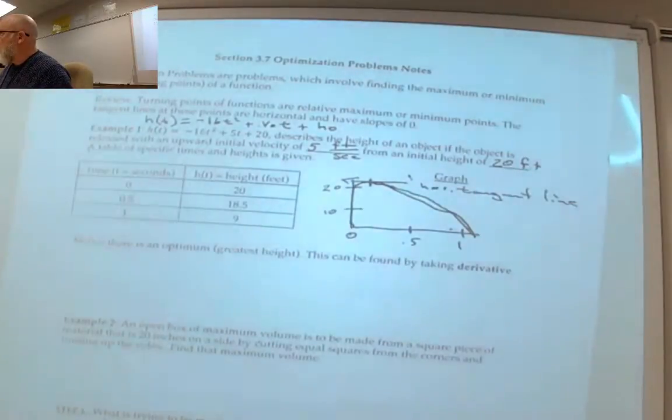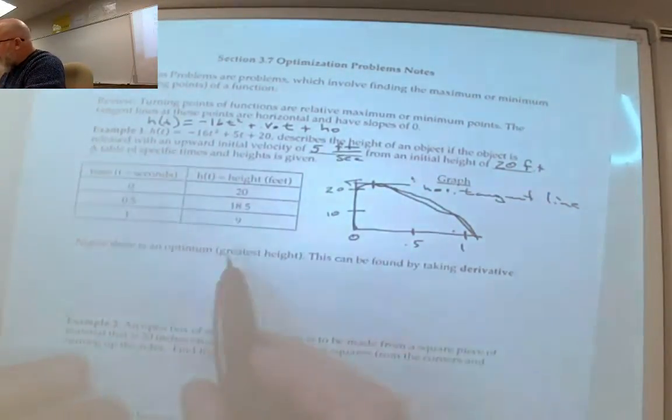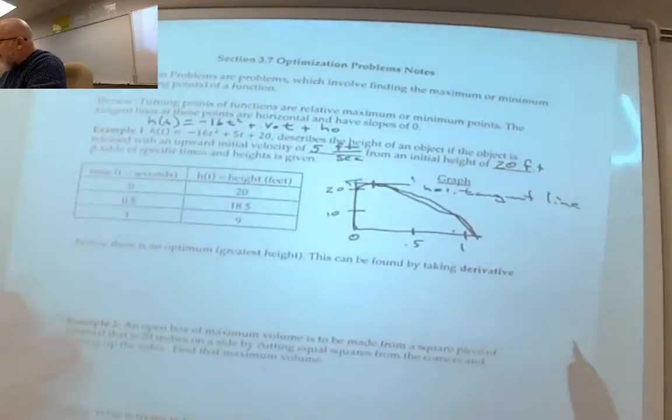Does that make sense, everybody? The word optimal could be a maximum value. It could be a minimum value. And we'll get to problems where it's a minimal value in a bit. Notice that the greatest height can be found by taking the derivative.